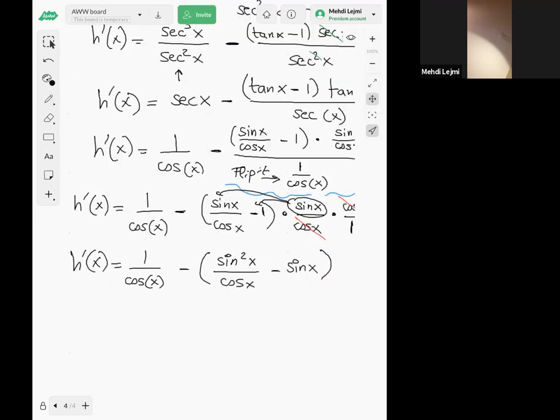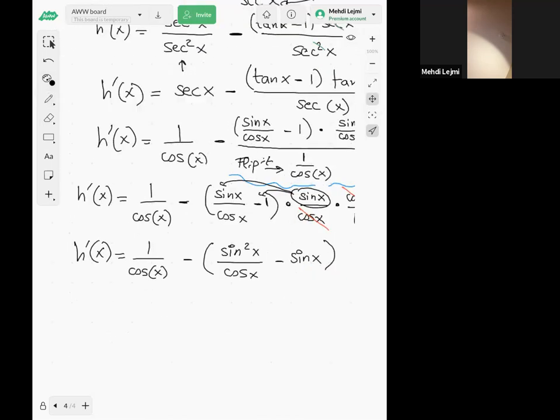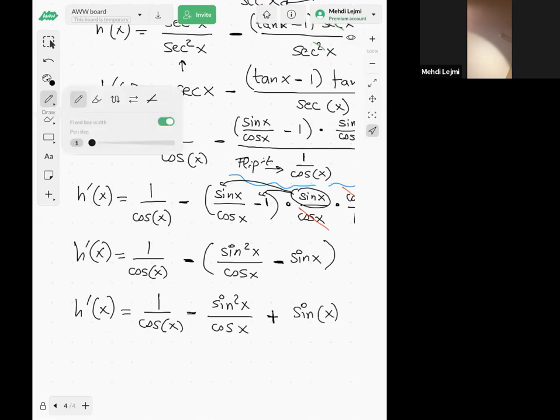Anyway, so let's see here. You see there is a plus sign, so we are almost done. So h prime of x equals 1 over cosine of x minus sine square of x over cosine of x, and that will be a plus sine of x. Just the last thing here: 1 over cosine minus sine square over cosine.